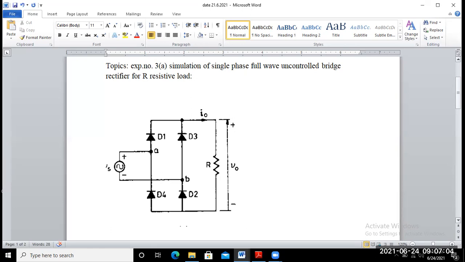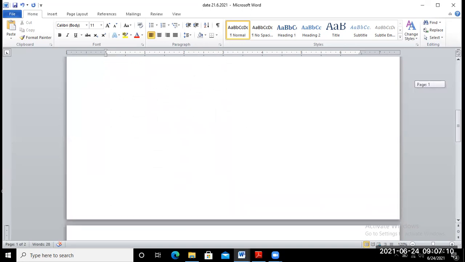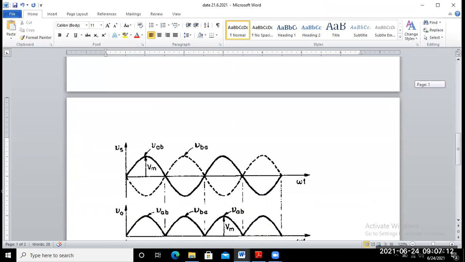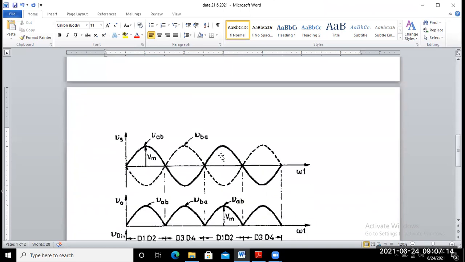So we try to show the waveforms. The input voltage waveform, you already know that. This one is your input voltage waveform, a sinusoidal variation, from 0 to pi and pi to 2 pi. This one is represented by VAB.